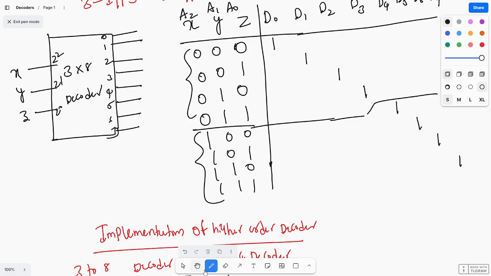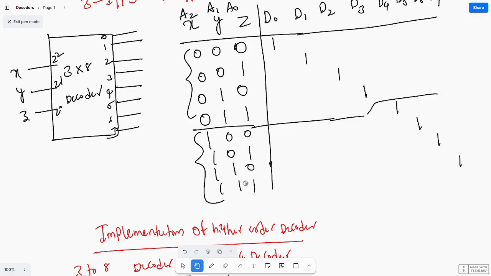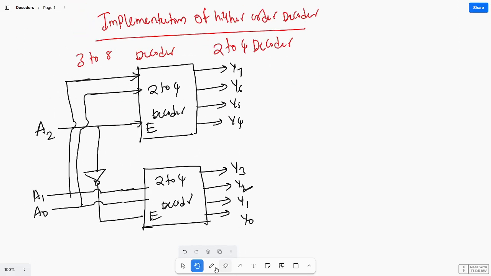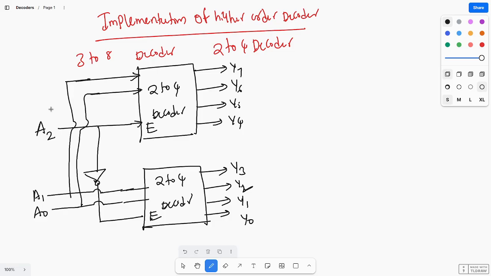Same like that I am implementing here. First I will make A2 as 0. A2 as 0 means this enable pin becomes 0 and this one becomes 1. So when A2 is 0, one decoder will be active and the other will be deactive, with active high enable signal.